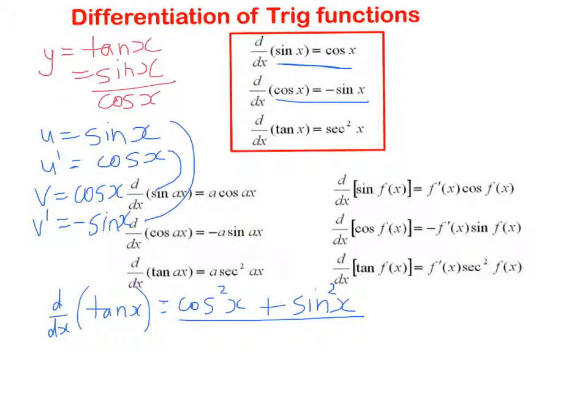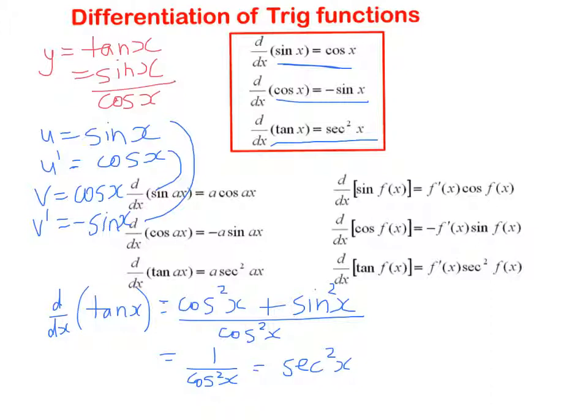Now v is cos x, so that's going to be all over cos squared x. Now you can see cos squared x plus sine squared x is 1. That's one of those trig identities we learned in prelim. So 1 over cos squared x is sec squared x. So that's how we get the derivative of tan x is sec squared x.